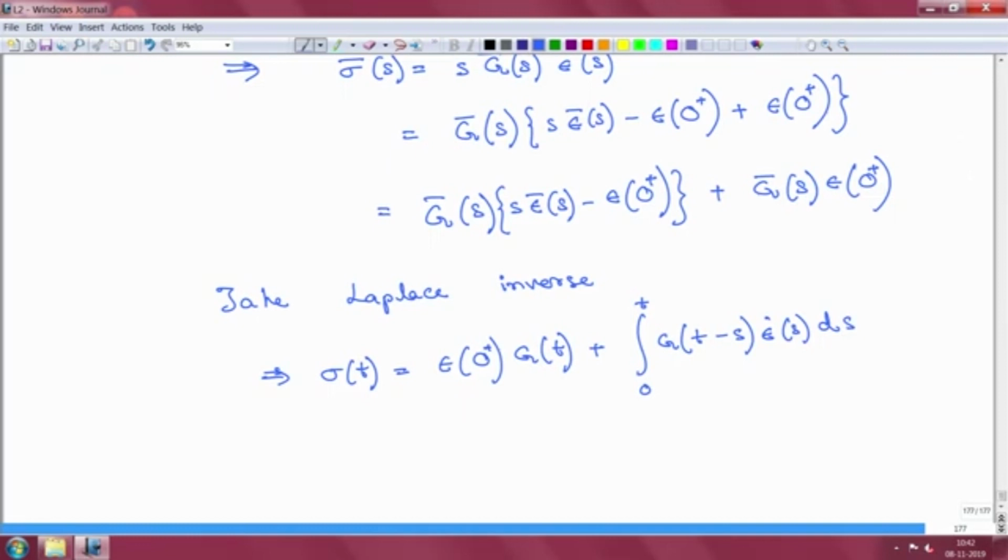Just a note, this s does not relate to Laplace transforms.